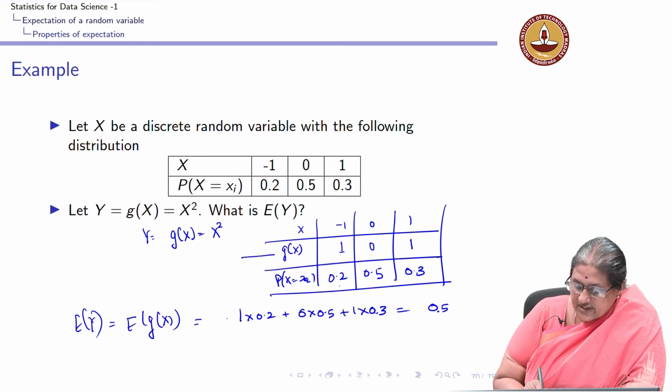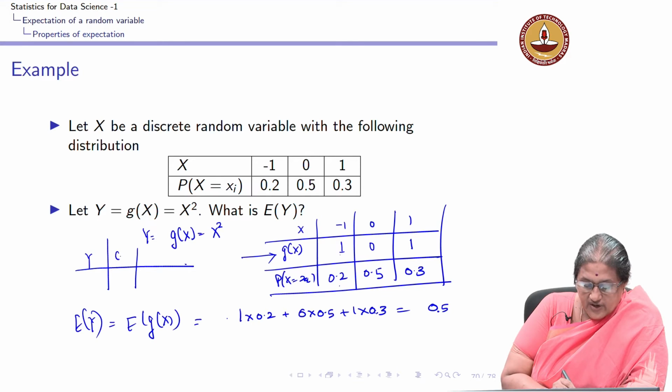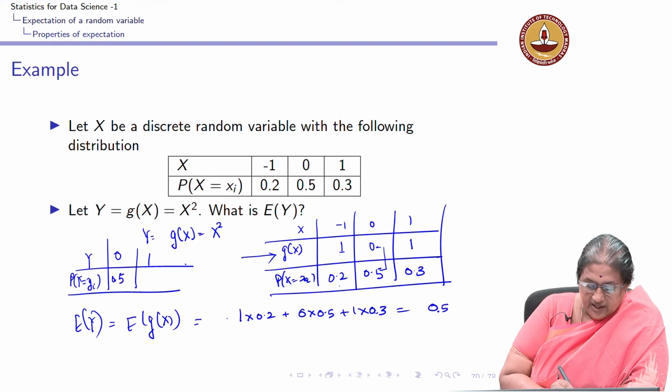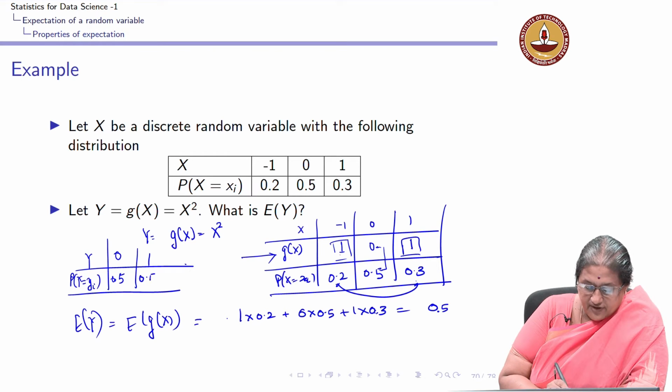Now, when you notice g of x, I can also write this as y, which is g of x, takes two values and those values are 0 and 1. Now, what is the probability with which y takes the value 0? The probability with which y takes the value 0 is 0.5 and the probability with which y takes the value 1 is 0.2 plus 0.3, which is again 0.5.